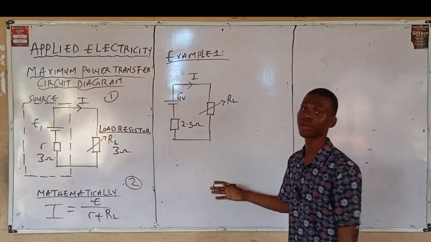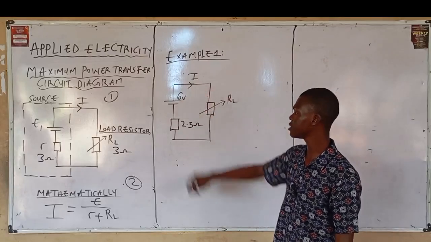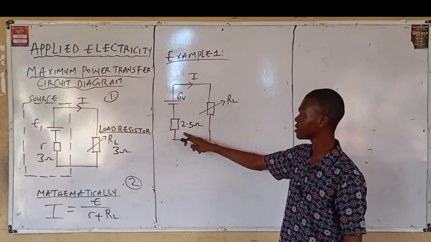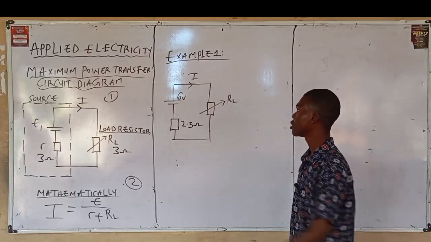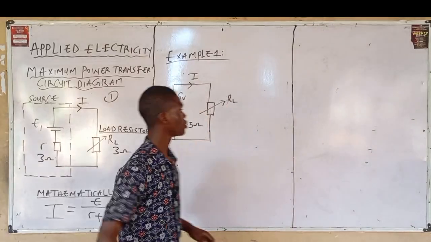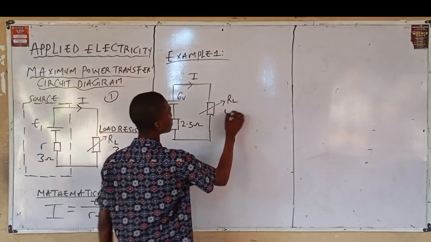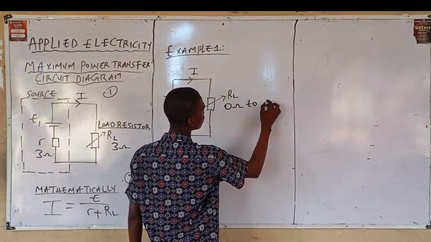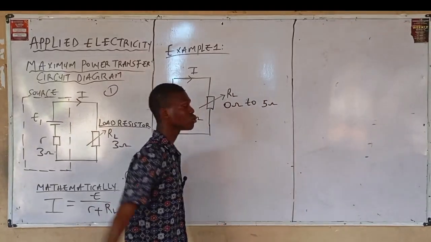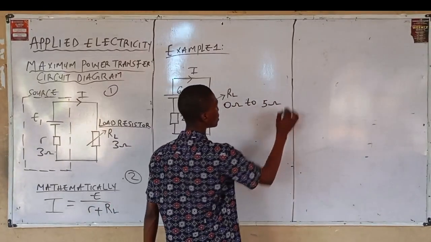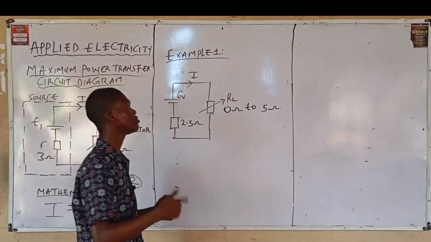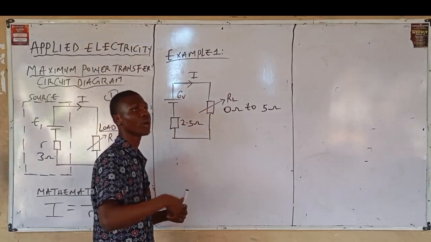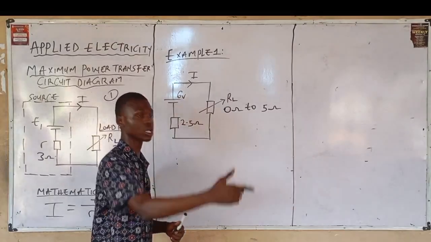Given this circuit diagram, we are given a cell of 6 volts and an internal resistance of 2.5 ohms, right? And from the question, the load resistor varies from 0 ohms to 5 ohms. But we are told that the resistor varies in 0.5 ohm steps.